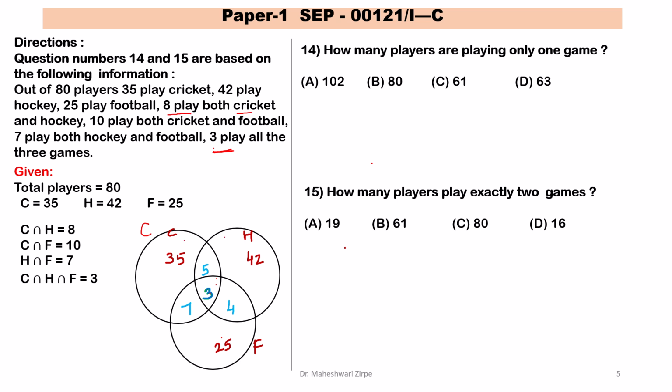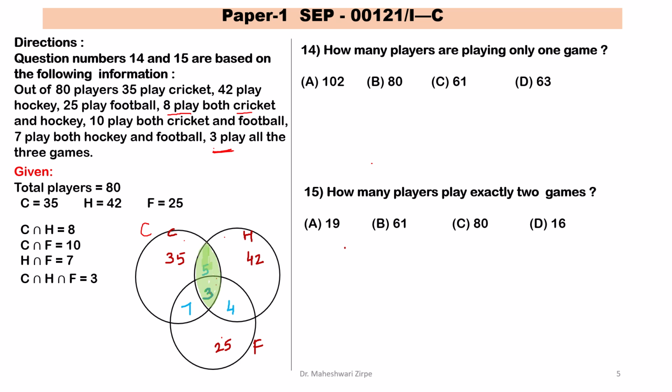So wherever the cricket and hockey circles intersect, that is 8. Let me highlight this whole part with the highlighter. This whole part represents 8.